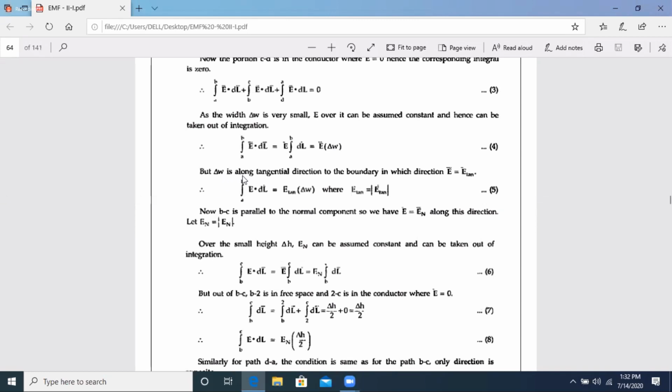Delta W along the tangential direction of the boundary, in which the direction is E tangential.